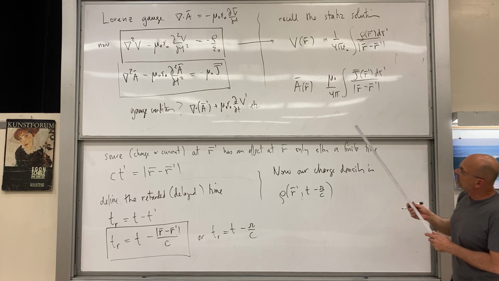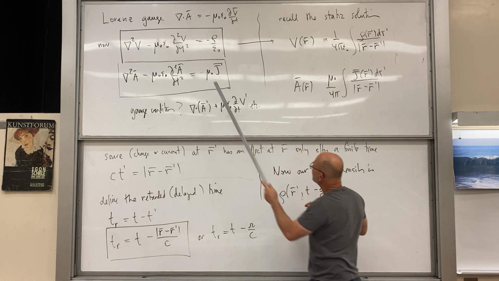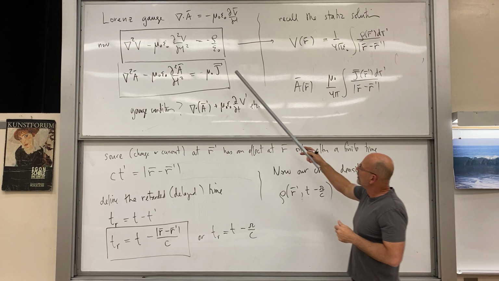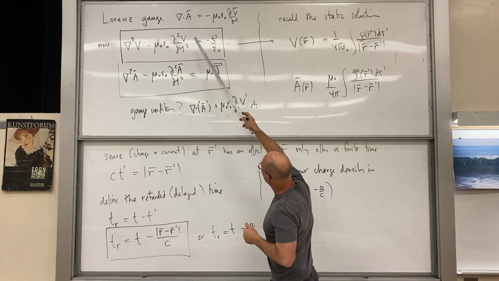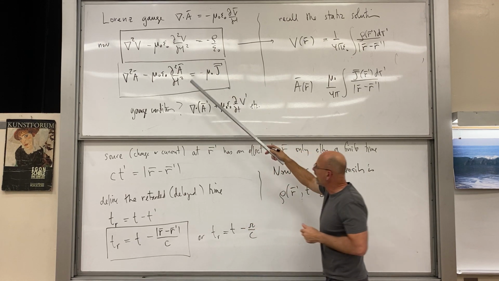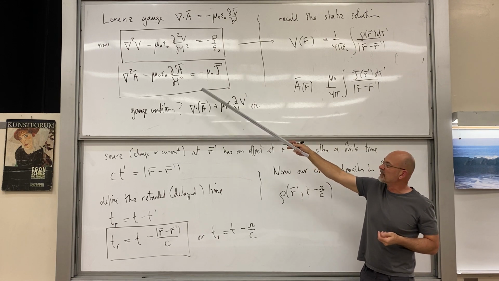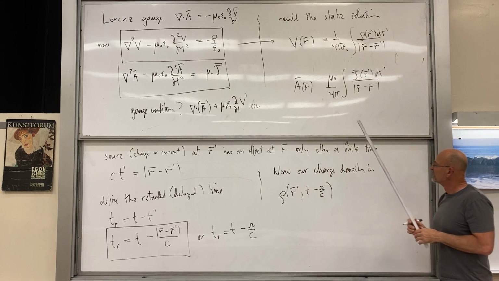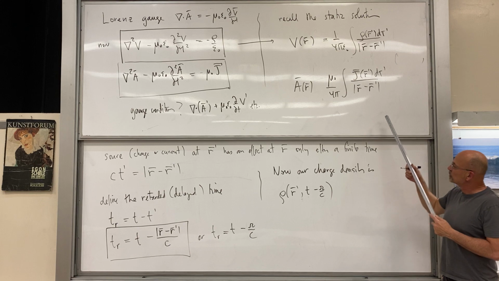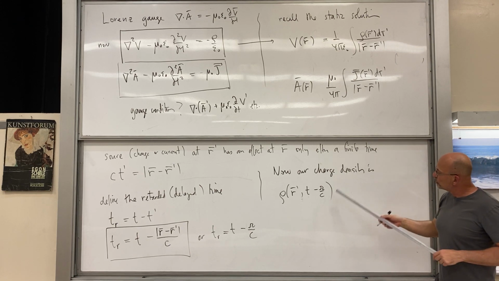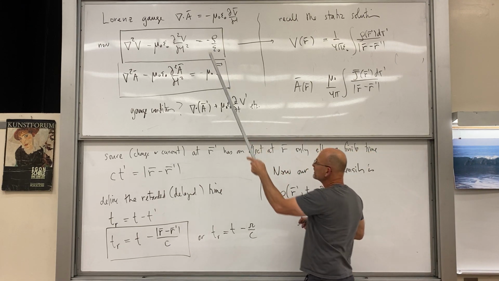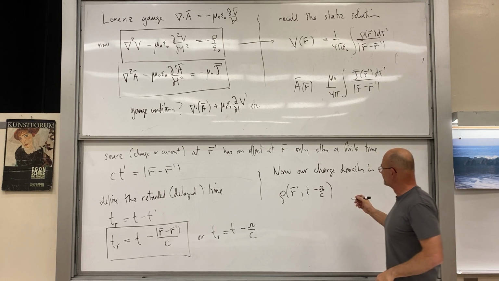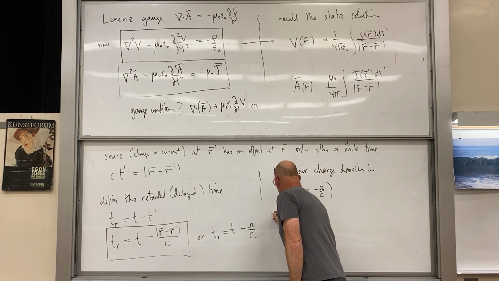Now, these equations have exactly the same form, so if we solve it for this first equation, we can just write down what it is for this one as well, okay? So what we're going to do is just write down what the solution is, and then we have to prove that it satisfies this differential equation.